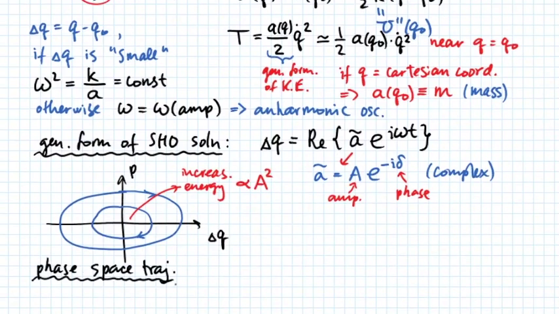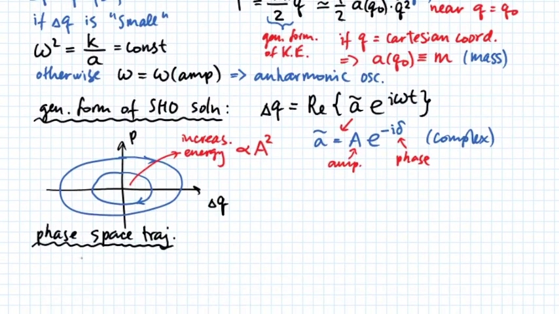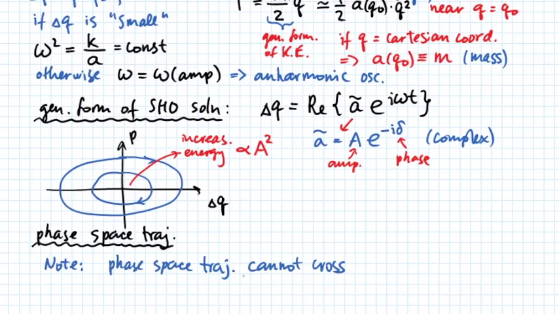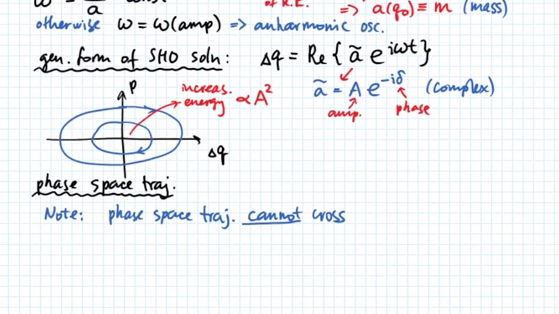Note that the phase space trajectories cannot cross. This is true for phase space trajectories in general, not just oscillations. It's easy to see that if trajectories in phase space could cross, then it becomes ambiguous which trajectory to take after the crossing.